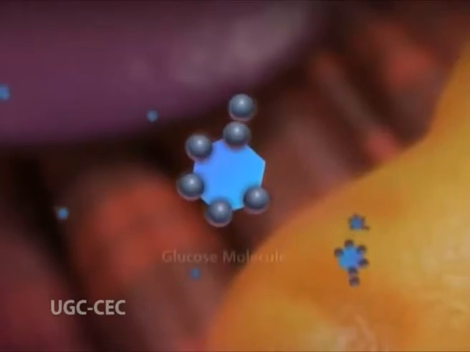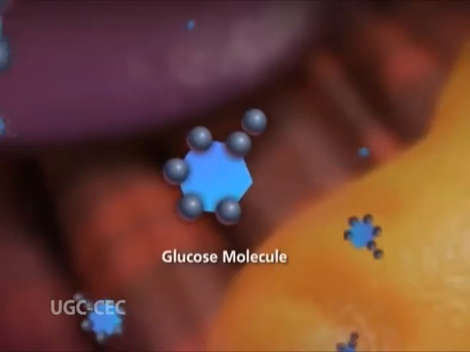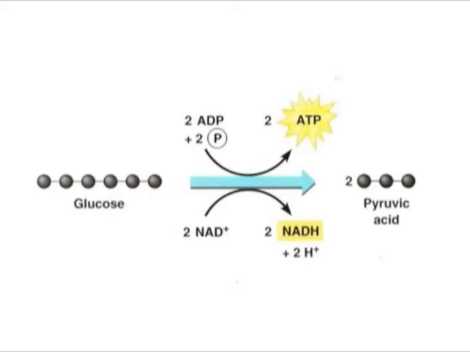It is a process of catabolism in which a glucose molecule is oxidized to pyruvate with generation of ATP and NADH via 10 enzyme mediated steps.